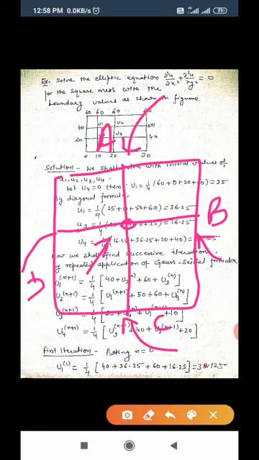This formula is said to be the standard 5-point formula.